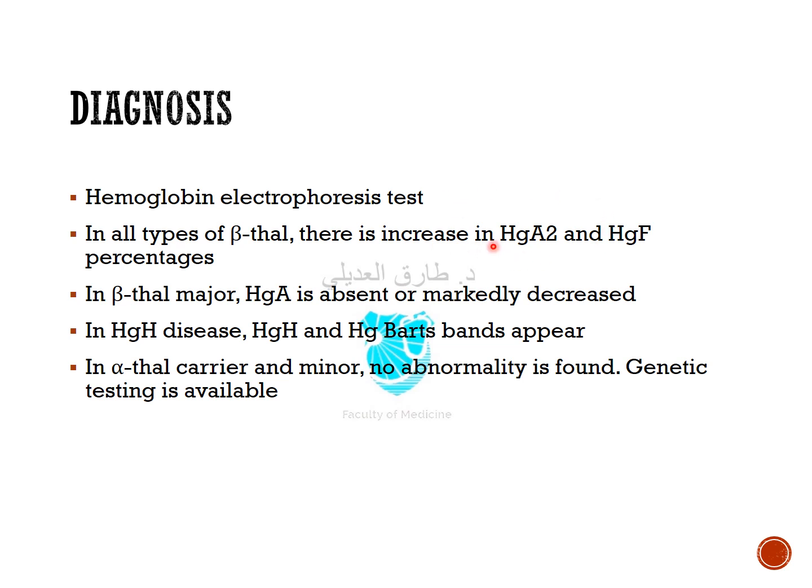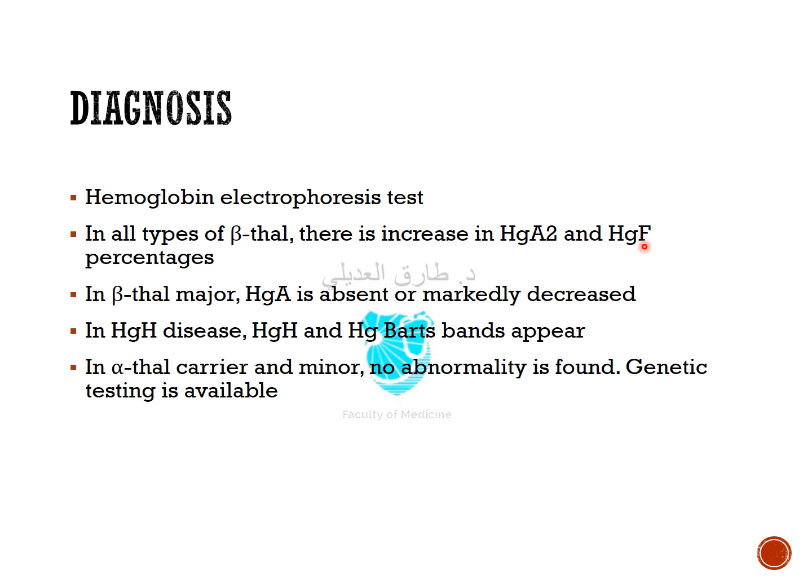Simple diagnosis. Hemoglobin F also increases, but hemoglobin F is much more variable between adults. Hemoglobin A2 is more consistent. Some people normally have a high amount of hemoglobin F, maybe 10%, 15%.